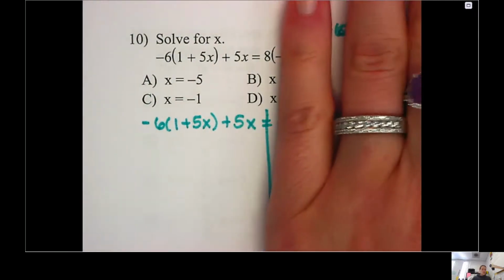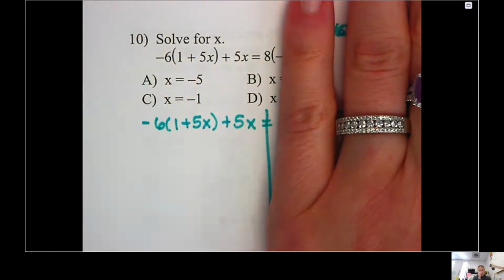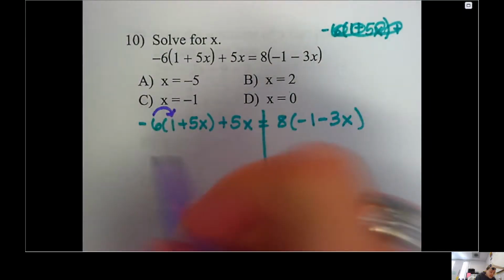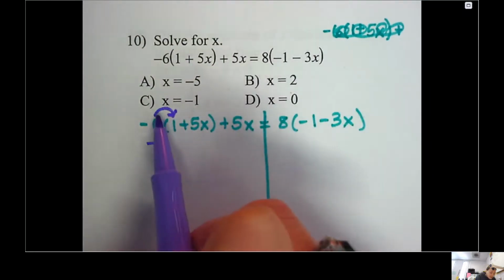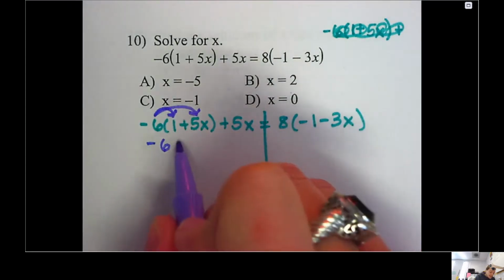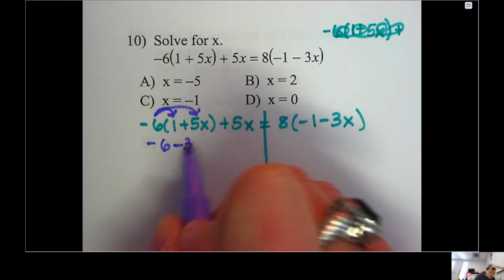So on the left, I'm just going to ignore the right side over here. On the left, I see my parentheses, which is going to be the first thing I do, right, in order of operations. And I've got the -6 in front of it, so I'm going to distribute or multiply, give it away to everything in the parentheses. So -6 times 1 is -6. -6 times 5x gives me -30x.